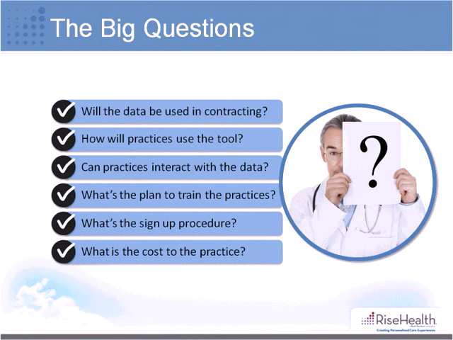So we really want this tool to bolster the work that practices are already doing. And I think work on the medical home has been promising, but not a home run in every setting that has been done. And so I think it's going to be really interesting to see what this tool is able to add on to that medical home work.